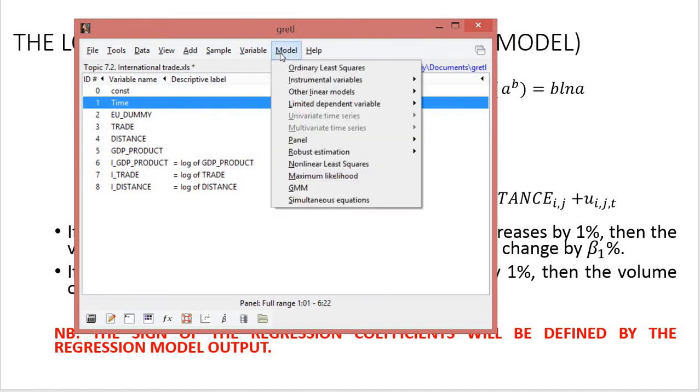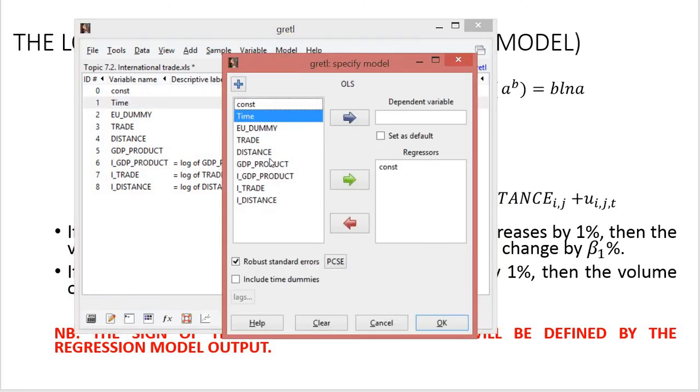Okay, here we are. Of course, you can try to specify this model in its linear form when you analyze the dependency between trade, distance and GDP product, assuming that the rate of change is constant.